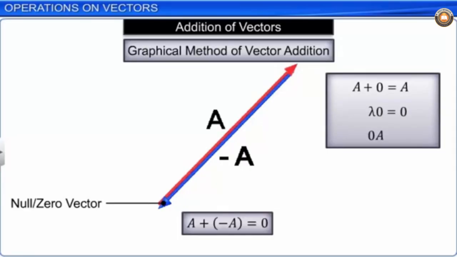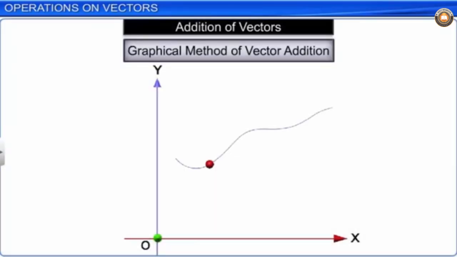Let's discuss the physical meaning of a null vector. Consider a body is occupying position P with its position vector r at time t. From time t to t dash, it moves from position P to P dash. Its position vector at time t dash is r dash.